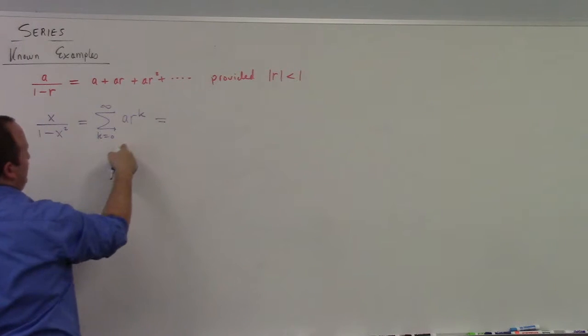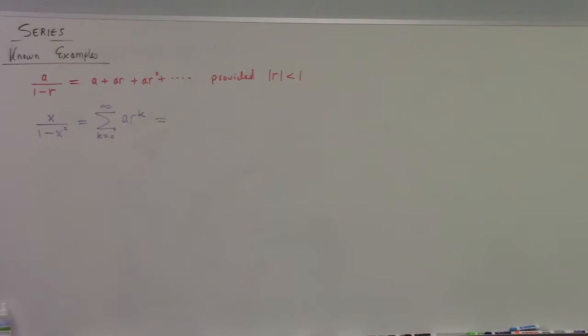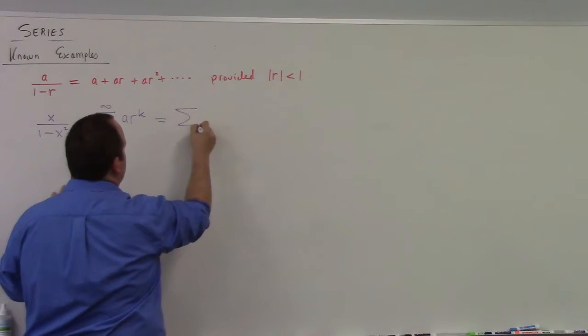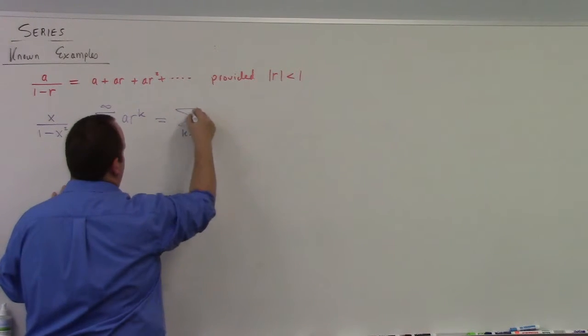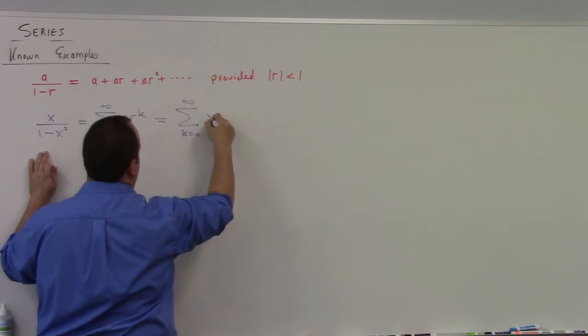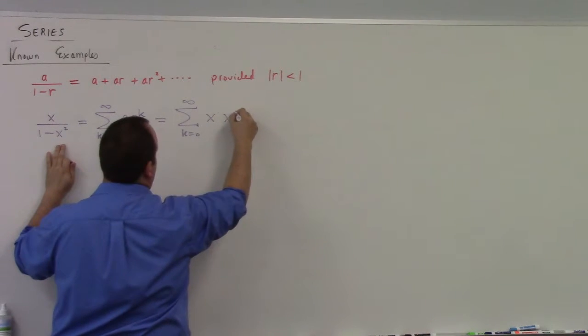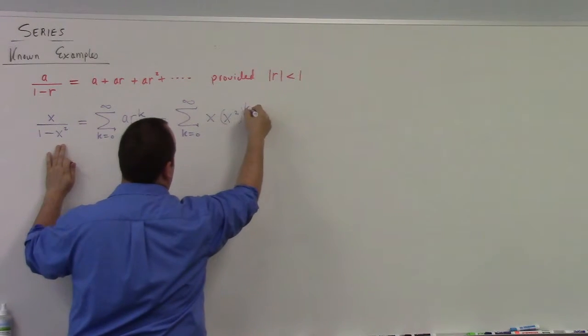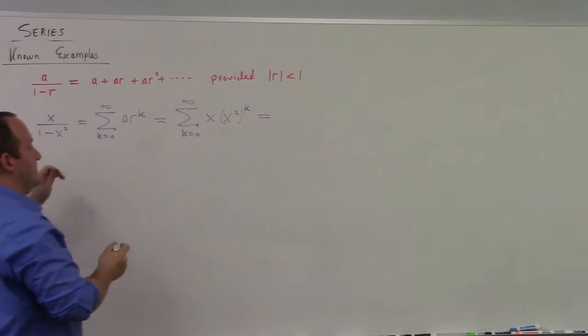That's what this looks like in summation notation, right? And so that in particular is the sum k equals 0 to infinity of x times (minus x squared) to the k. Parentheses are our friends. Do not discount them.